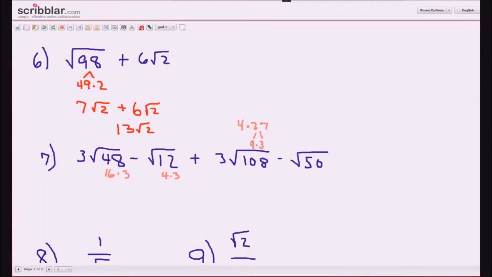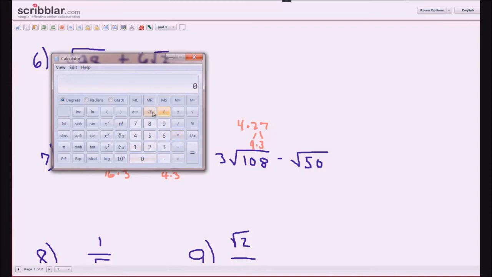Now here's something a lot of students don't see. There's definitely a pattern with these perfect squares. No matter what you do, if you take a perfect square and multiply it by another perfect square, you will always get a new perfect square. So over here we have 4 and 9. Those are both perfect squares.